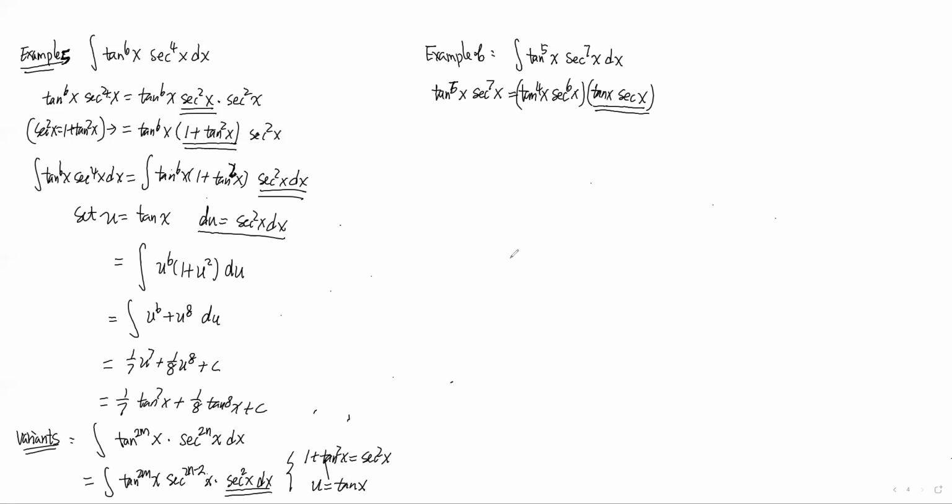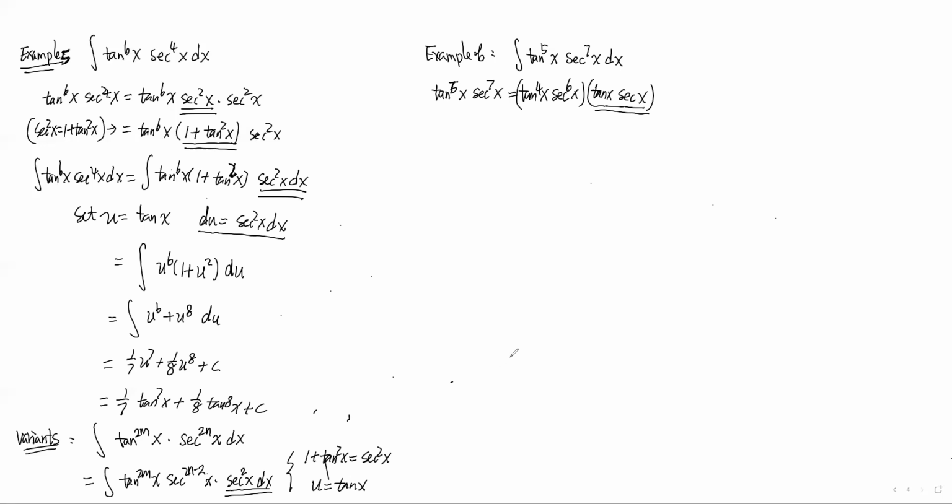The same trick, right? We get a polynomial: (u power 4 minus 2u squared plus 1) times u power 6. So we get u power 10 minus 2 u power 8 plus u power 6.